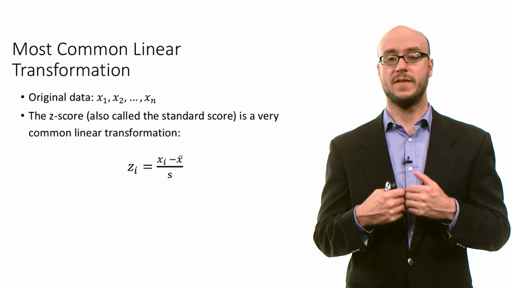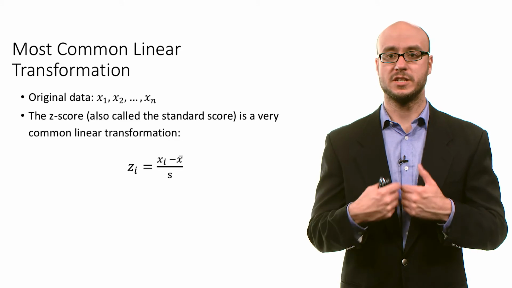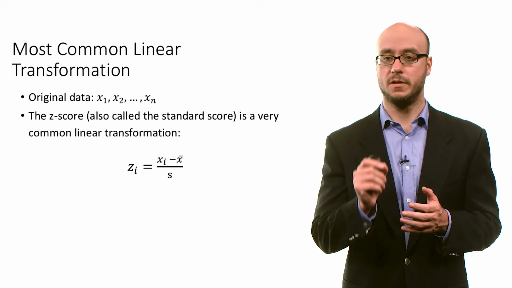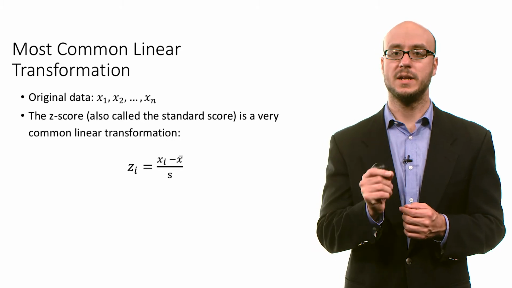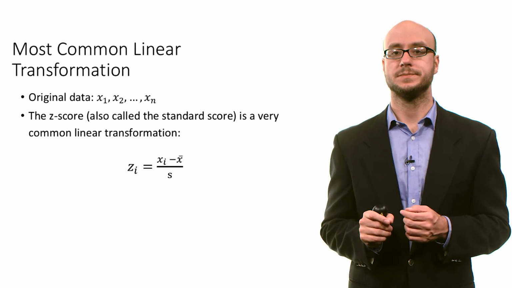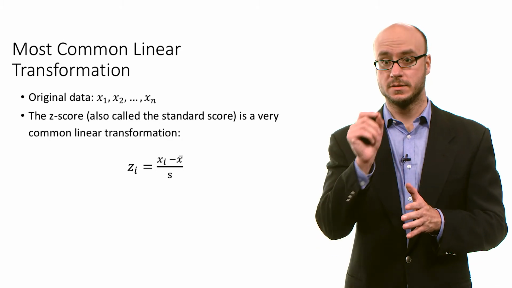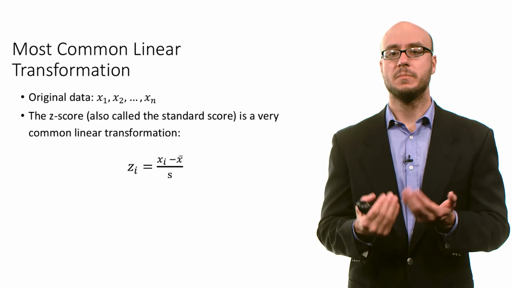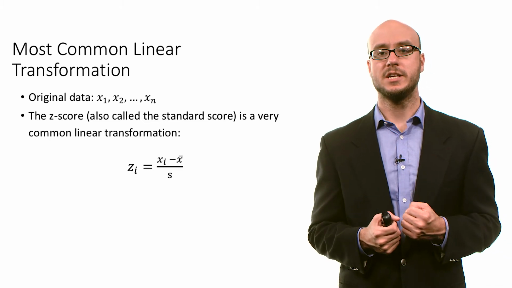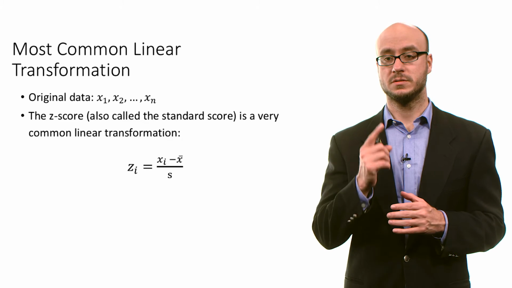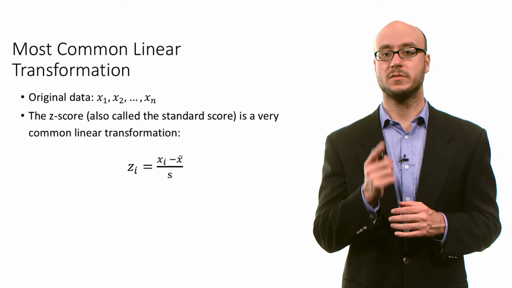So for example, if you have a particular observation equal to 50, and the mean happens to be 50, well, 50 minus 50 is 0. So by subtracting the mean of x from each observation, we are recentering the data around 0. And then by dividing by the standard deviation, we're making it so the new standard deviation is 1, in terms of units of 1.